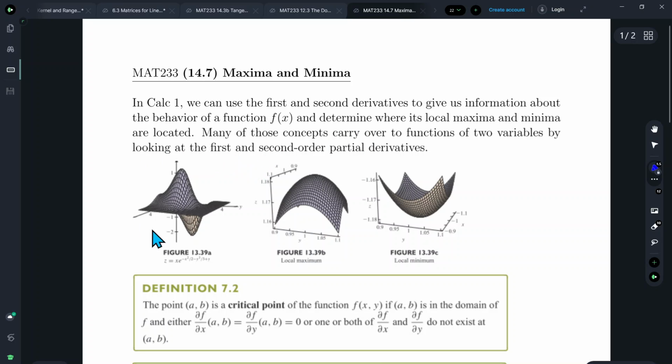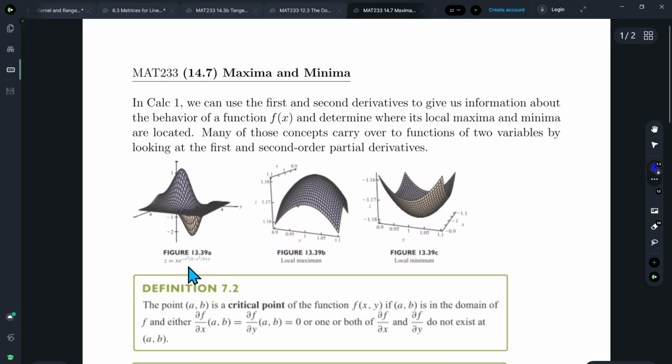To give you an idea of what we're trying to calculate in terms of the local maxima and minima, in this diagram on the left here is an example surface that represents the graph of some function.